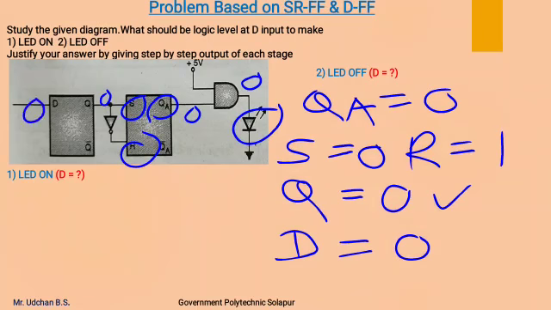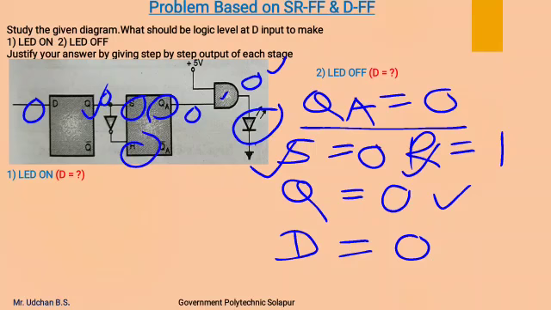If data input is 0, we will get Q output as 0, which will make S input 0 and R input 1, by which this SR flip-flop gets reset to make the QA output 0. This QA output is given as an input to this AND gate, which will make the output of the AND gate 0, by which the LED gets turned off.